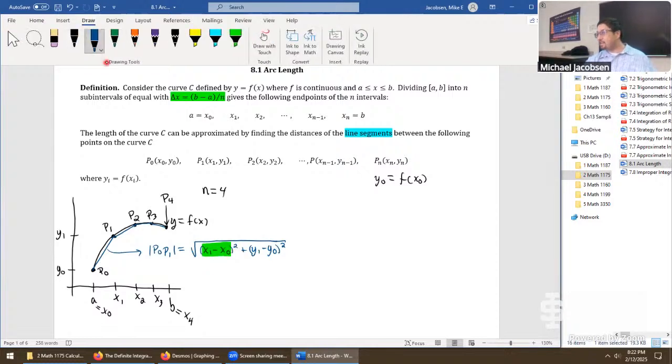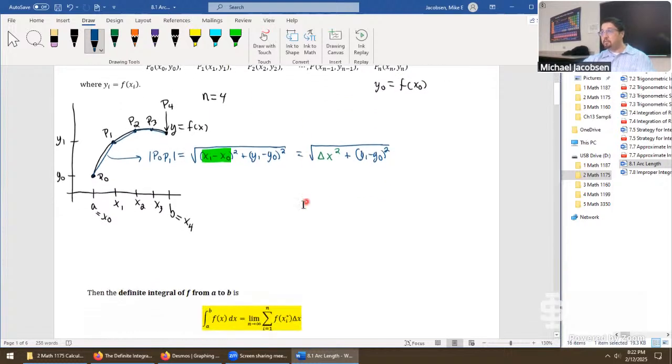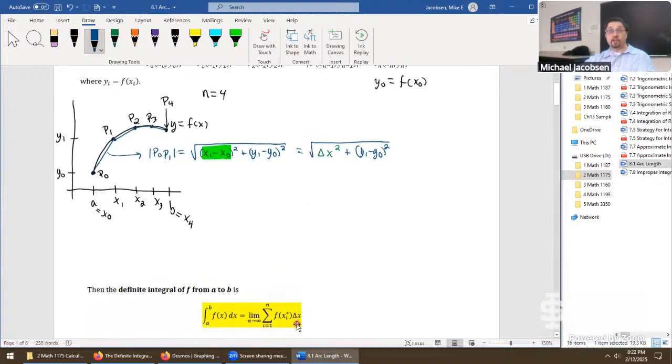So you can put in here that this is equal to the root of delta x squared plus y1 minus y naught squared. And then that's getting us closer to the key, because if we're going to write down a limit of a Riemann sum, delta x has to show up some way somehow. So the fact that it did is great. Let me put that squared in a more sensible way.